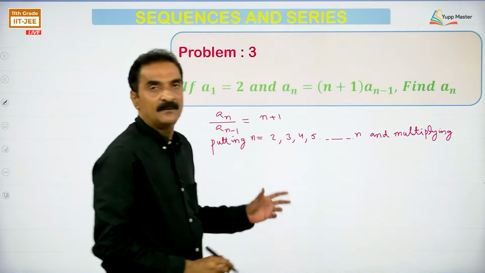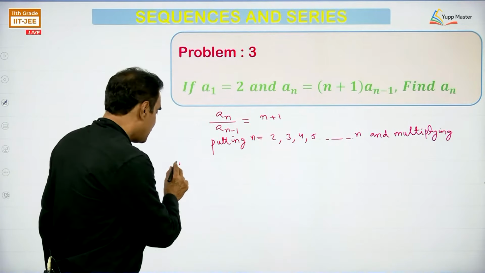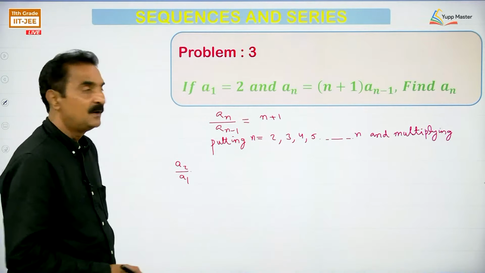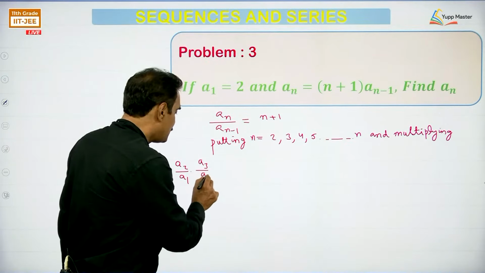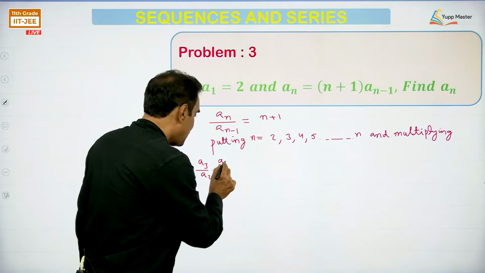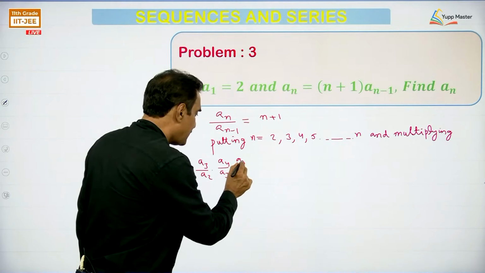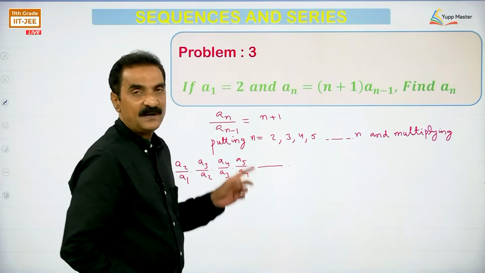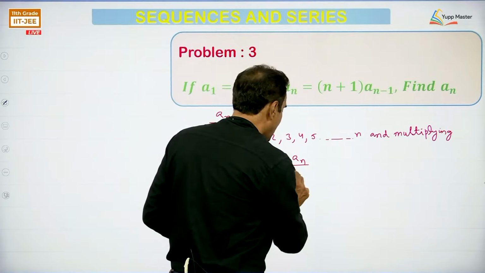Alright. What will you get in the LHS? Putting n is equal to 2, you will get a2 by a1 into, putting n is equal to 3, a3 by a2, putting n is equal to 4, a4 by a3, next a5 by a4 and so on. Finally, putting n is equal to n, you will get an by an minus 1.